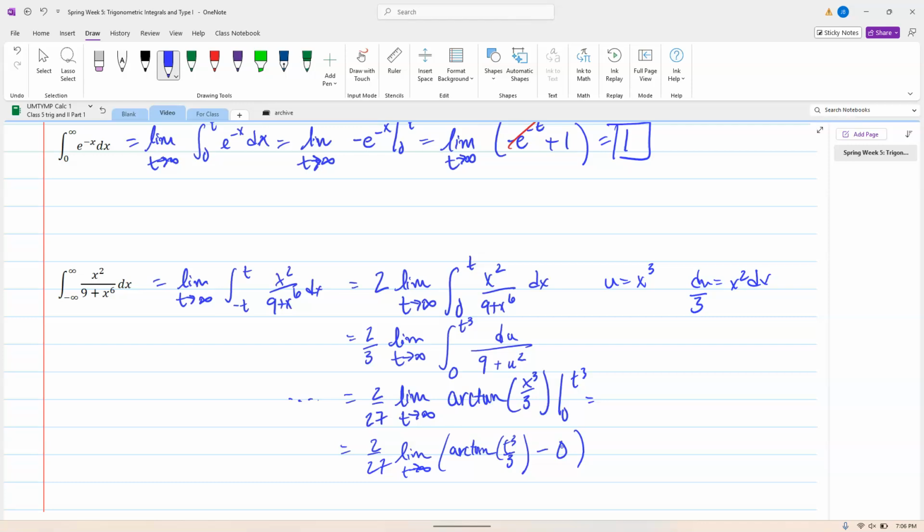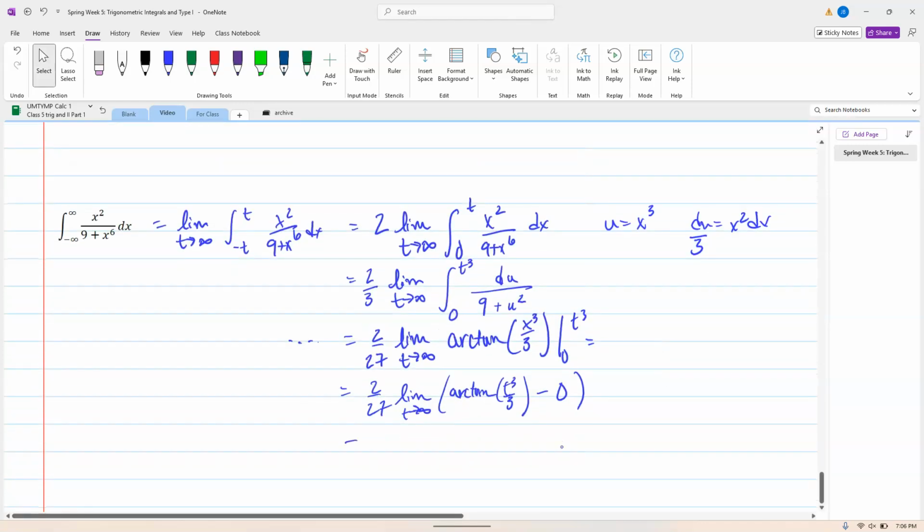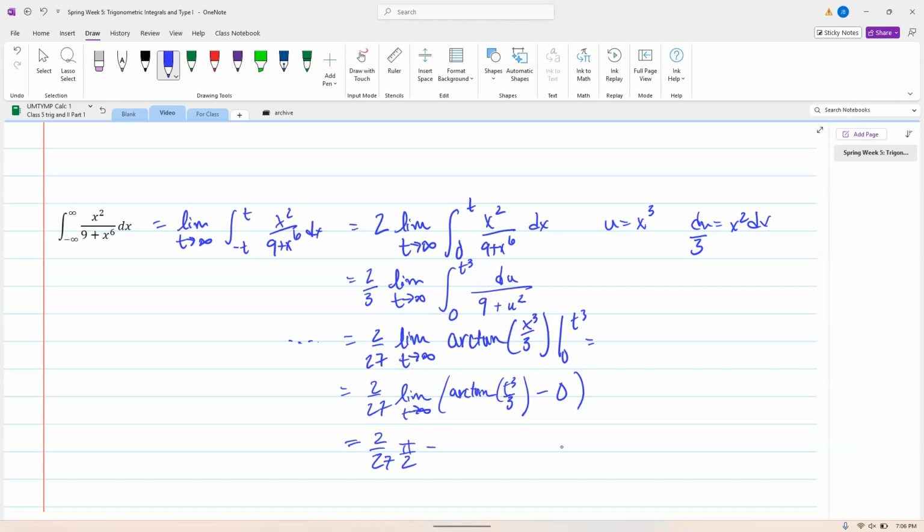So where does arctangent go as it tends towards infinity? That's just pi over 2, and so then I just get pi over 27. Look at that beautiful work. We used symmetry, we used u substitution, and a lot of other algebra in between there. So again, in between steps you might have to work out on your own, but that's the idea.